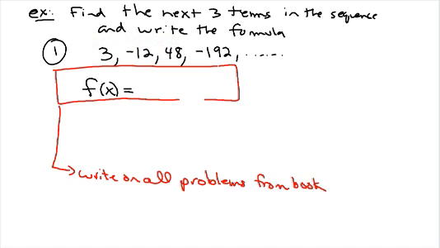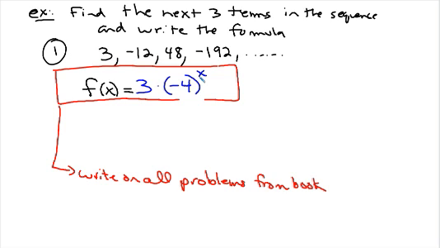So my first number is 3. And what am I multiplying it by each time? -4. So our common ratio this time is -4. Make sure you put that in parentheses, -4 to the x.